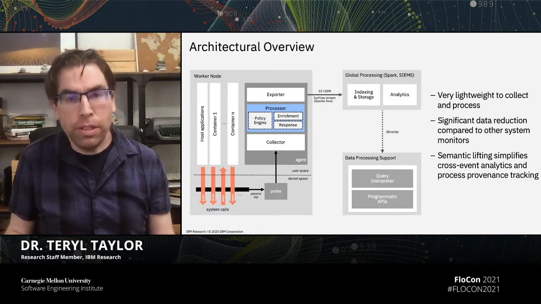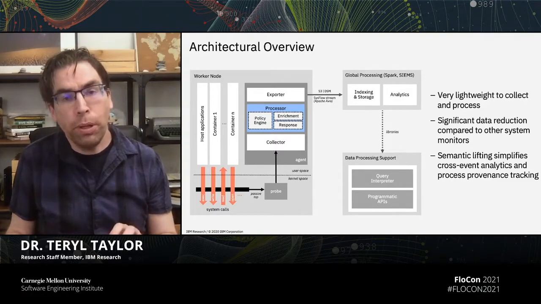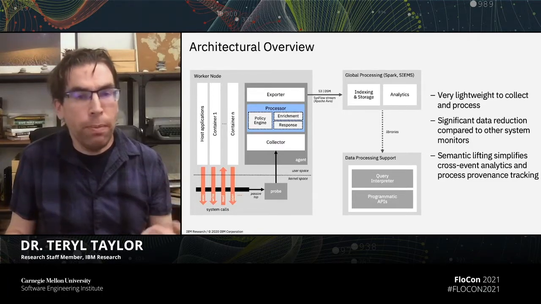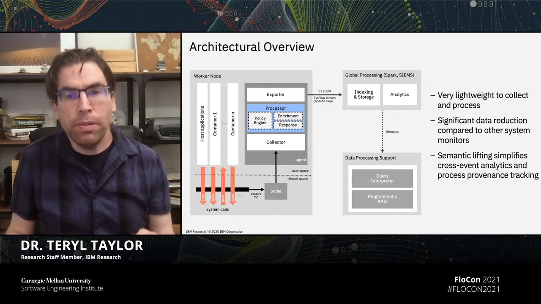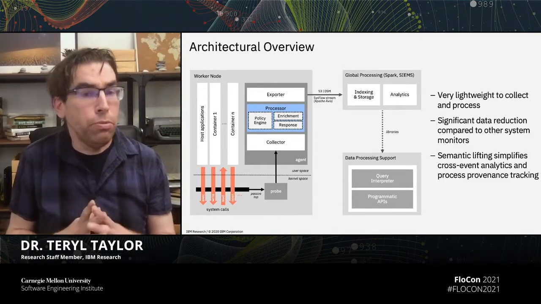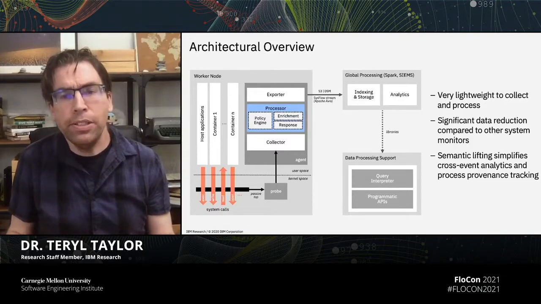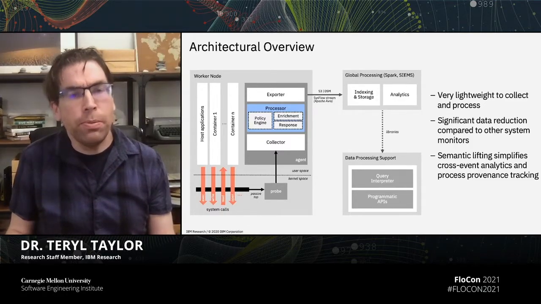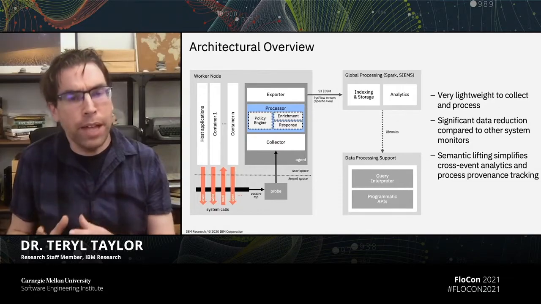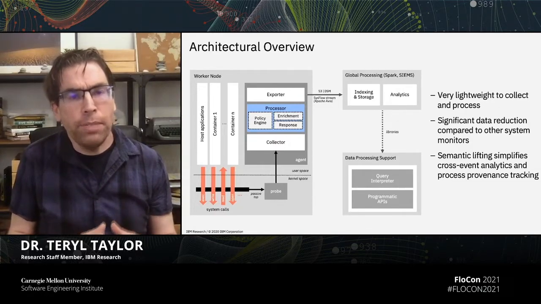If we see there going towards the top of the diagram, we can have an exporter plugin to export in various formats, JSON, S3, any of those types of things, into a global processing pipeline where we can do different analytics across multiple machines, and then feed that into data processing support to be able to do queries, build dashboards, and really provide an end-to-end threat management, threat hunting type environment.